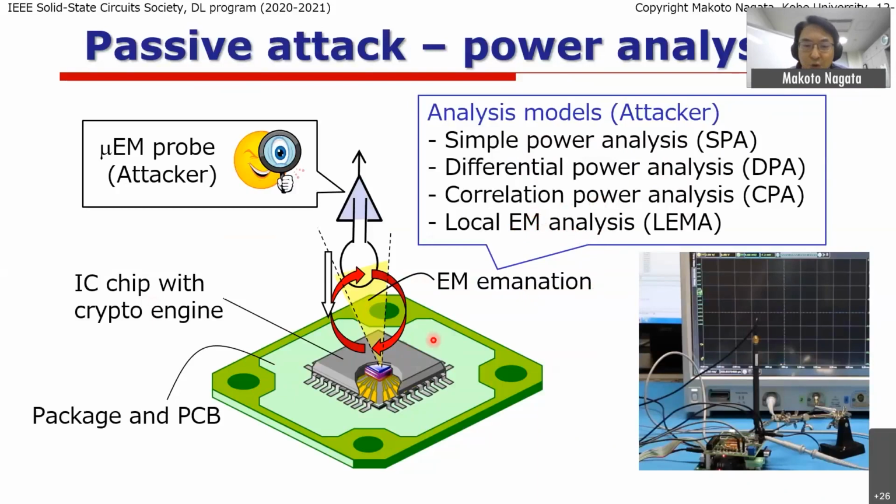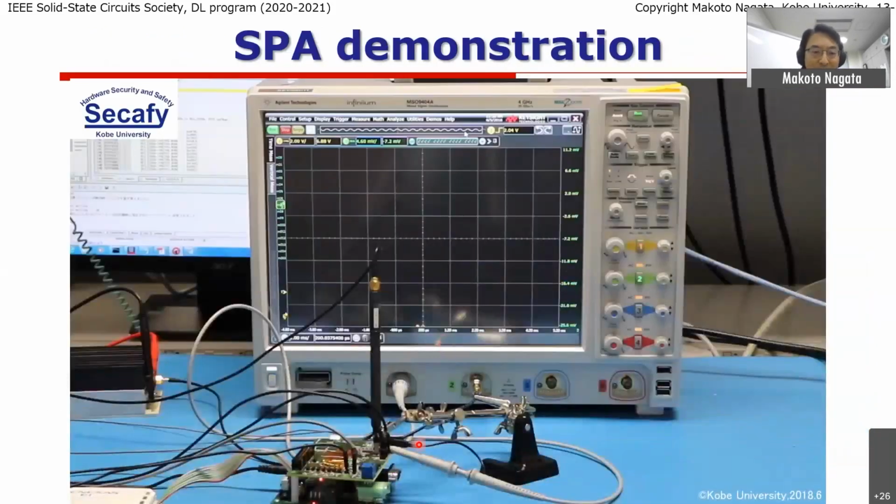To show you what is going on on the attacker side, I will give you one video here. So here you see the chip. The chip has the cryptographic engine internally, and here is a magnetic probe which is measuring the EM on the power terminal on the board, not on the die, but on the board.